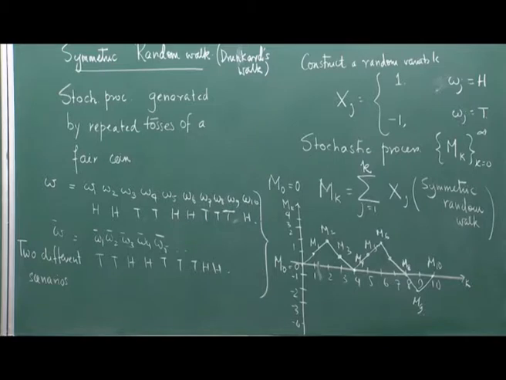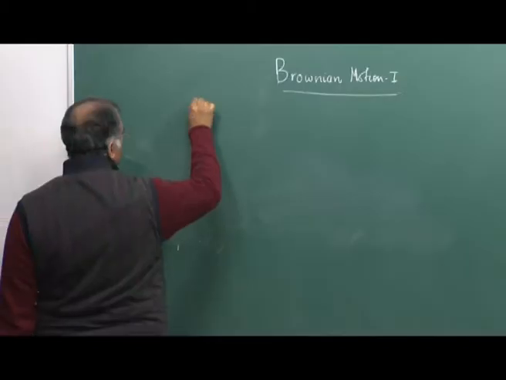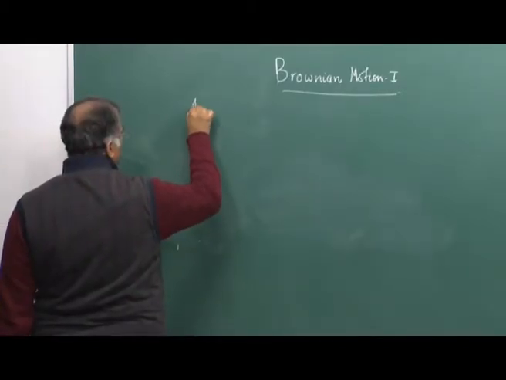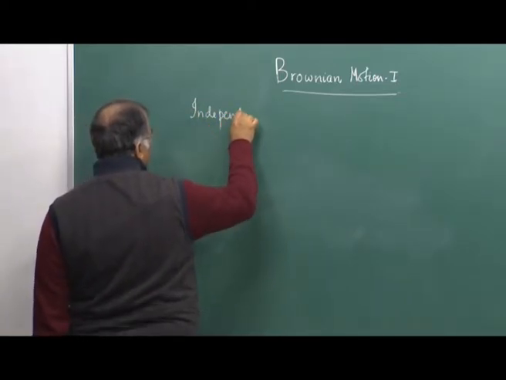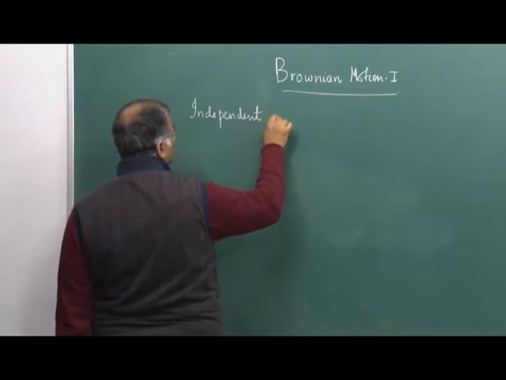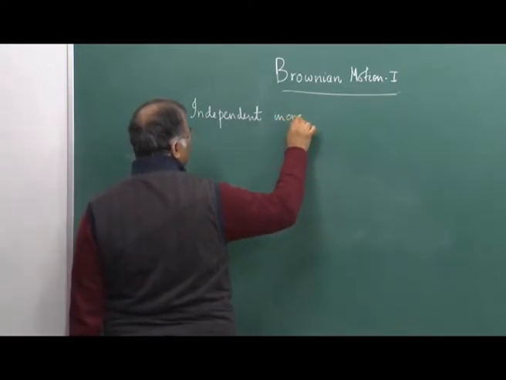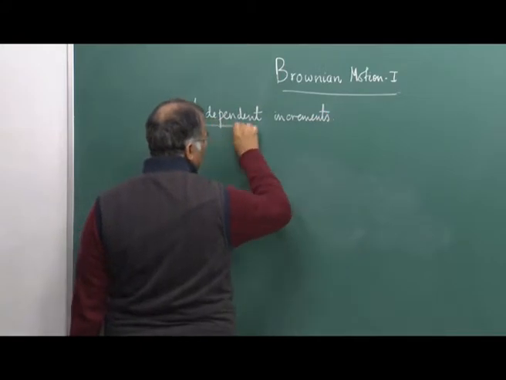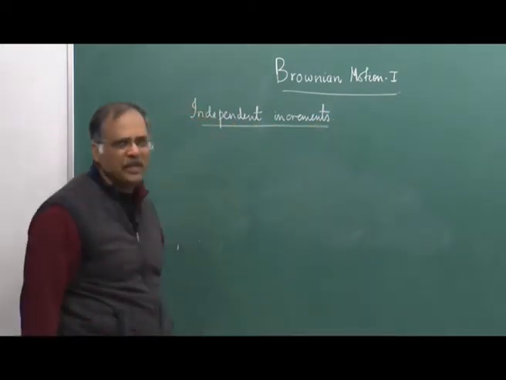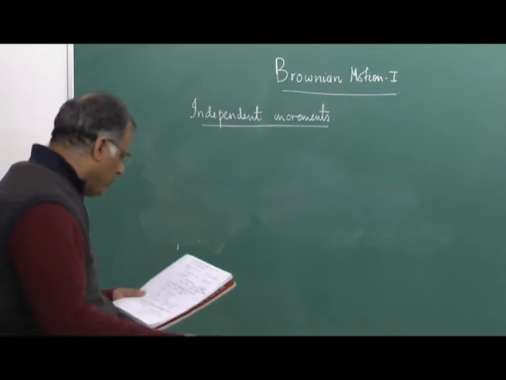So, now this particular random process or stochastic process has independent increments. What do I mean by the fact that they have independent increments? What I mean is the following.